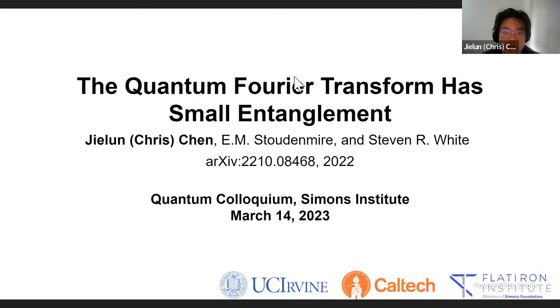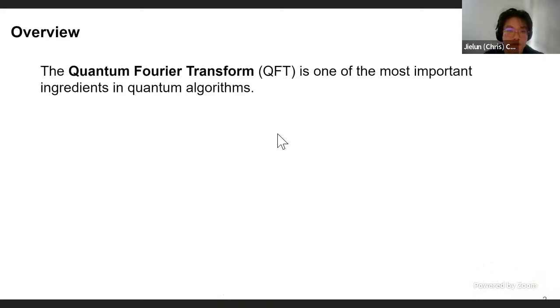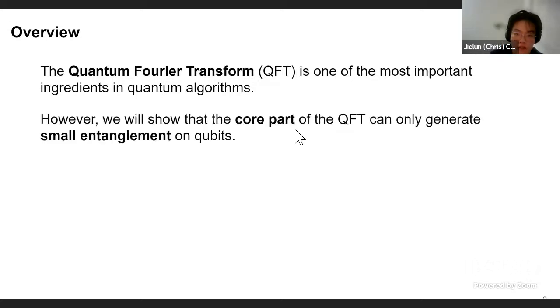So I'll start with a brief overview of our work. The Quantum Fourier Transform is one of the most important ingredients in quantum algorithms. However, we'll show that the core part of the QFT can only generate small entanglement on qubits, and I will explain soon what core part and small entanglement mean.